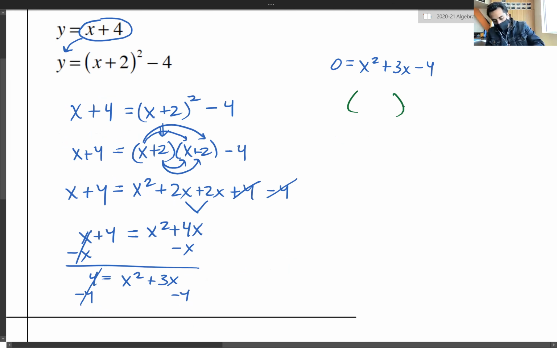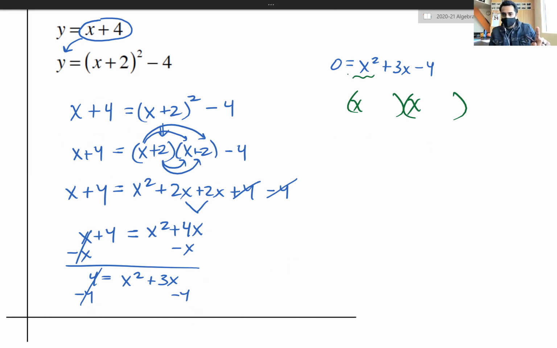So open up my factors. I have x times x. That's the only way I get x squared. And I need two numbers that multiply to be negative 4, but add up to be positive 3. Any ideas on what those factors could be? 4, negative 1.